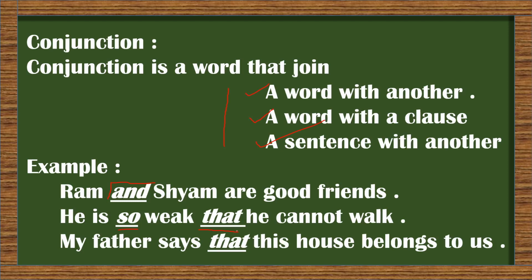What does my father say? My father says that this house belongs to us. So, that is a conjunction because it connects these two parts together, and they are sentences. So, and, so, that, these are all examples of conjunctions.